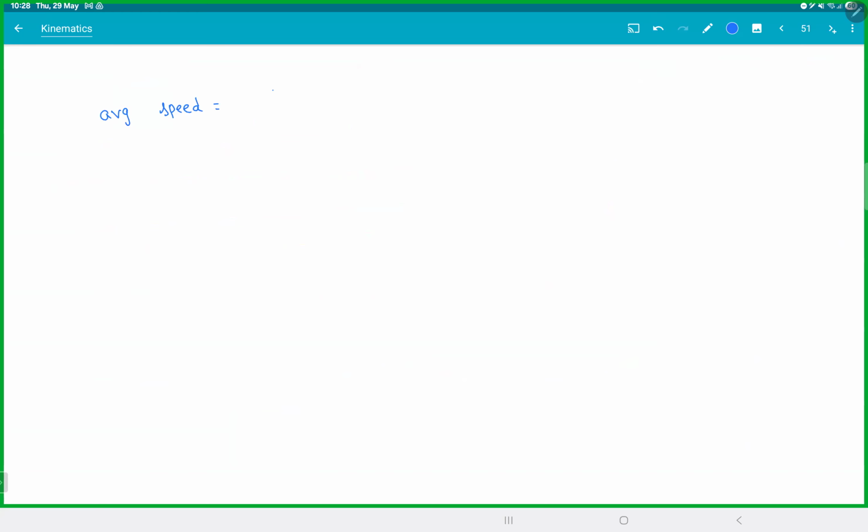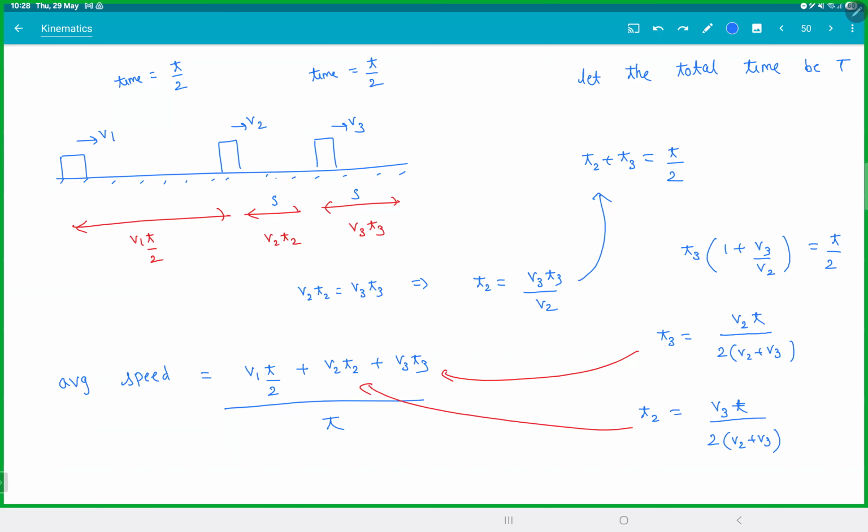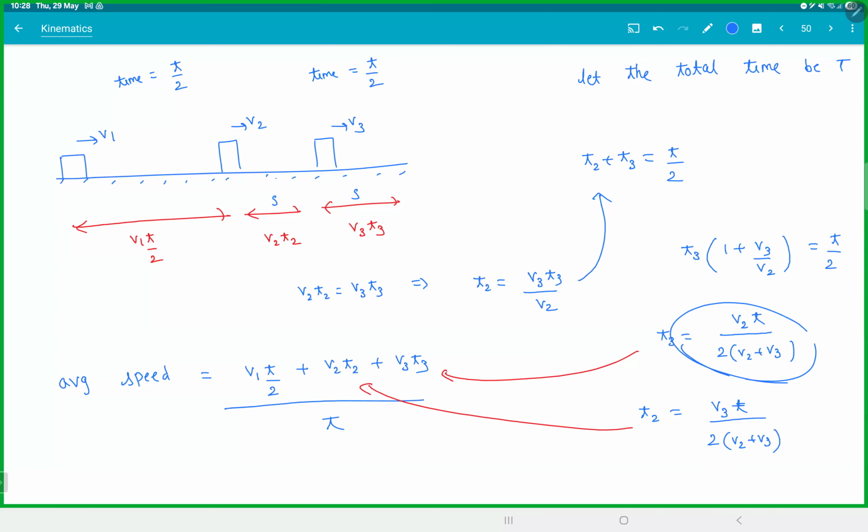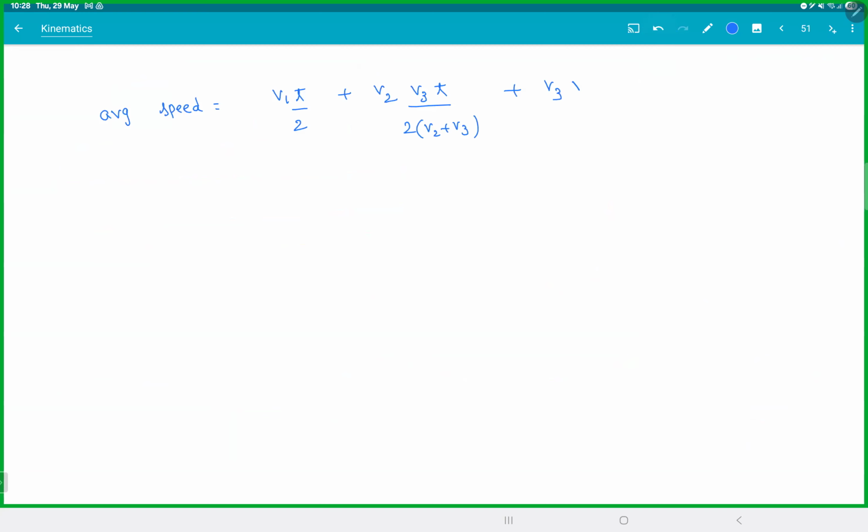Once you got this, let's just dump it there. The average speed will be V1 T by 2 plus V2 T2. What is V2 T2? This guy, which is V3 T by 2 times V2 plus V3, plus V3 T3. T3 is this guy, which is V2 T by 2 times V2 plus V3, by overall time. Time gets cancelled everywhere.